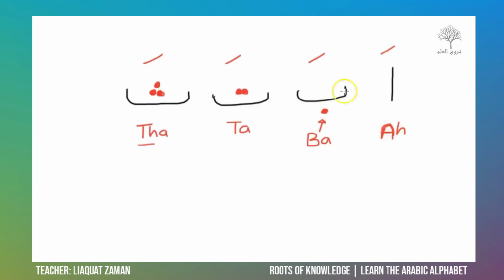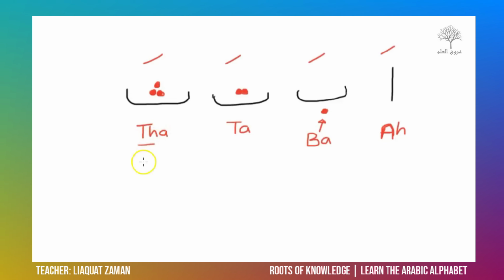This boat shape with a dot underneath and a line on top, you say ba. With two dots and a line on top, you say ta. With three dots and a line on top, you say tha. A, ba, ta, tha.